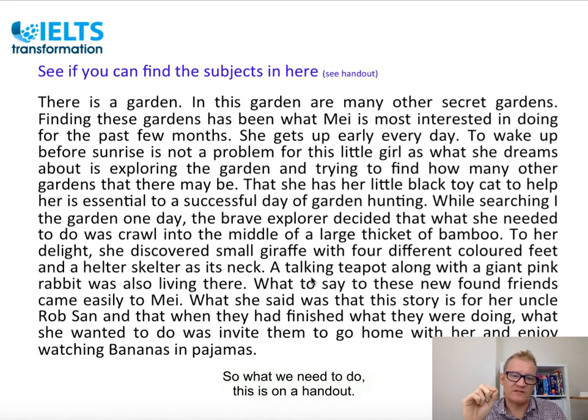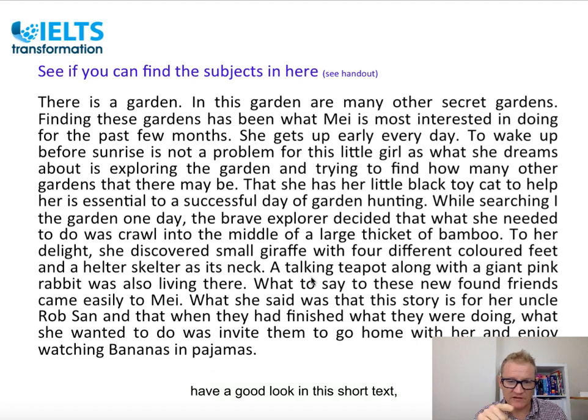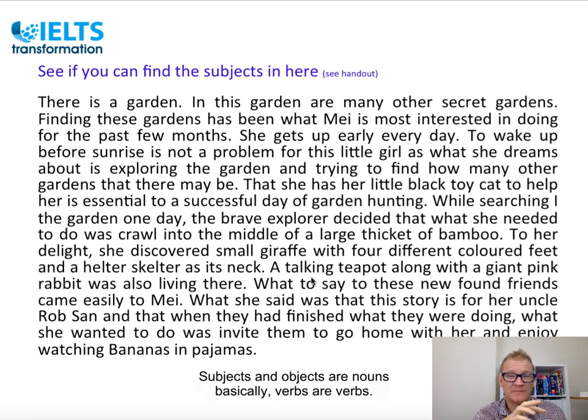So what you need to do, this is on a handout. Take a few moments, or certainly pause this lesson. Have a good look in this short text and see if you can find the subjects. Remember basically though that subjects of sentences are nouns. Subjects and objects are nouns basically.